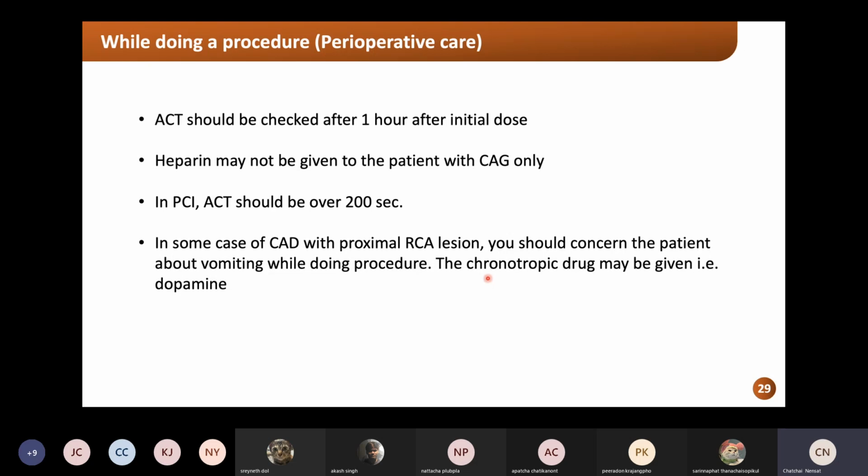When we give the heparin, it affects clot formation right after we withdraw any equipment from the patient and we have to stop the bleeding. It's really hard to stop because we already gave the heparin. So we have to consider the duration of the procedure when we decide to give the heparin.